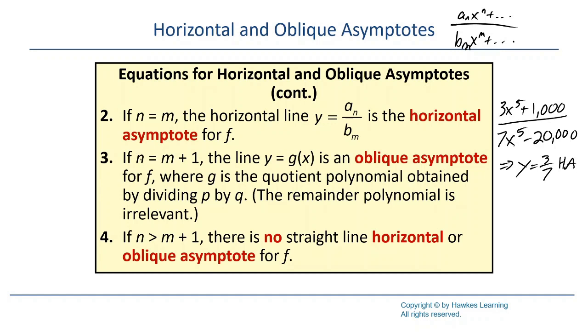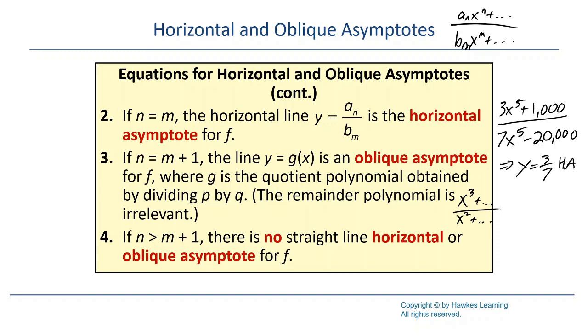So if n equals m plus 1, like x cubed plus something divided by x squared plus something, you would find it through long division, or synthetic division if it was just x plus 1 or x plus stuff in the denominator. Synthetic would speed the process up.